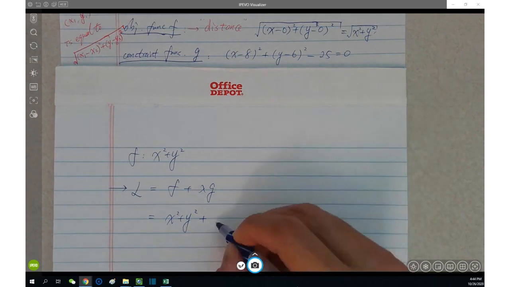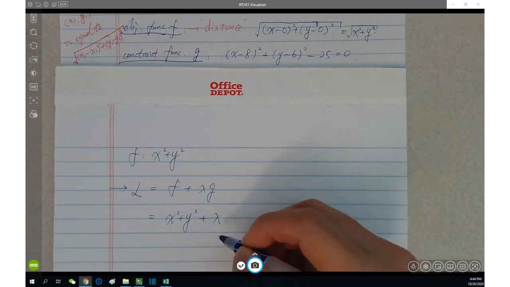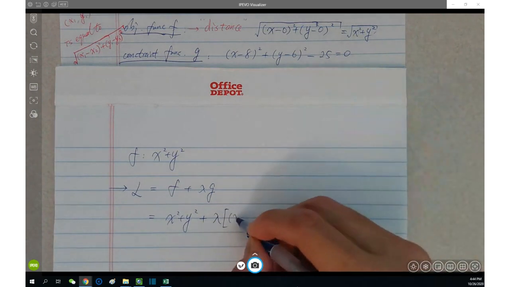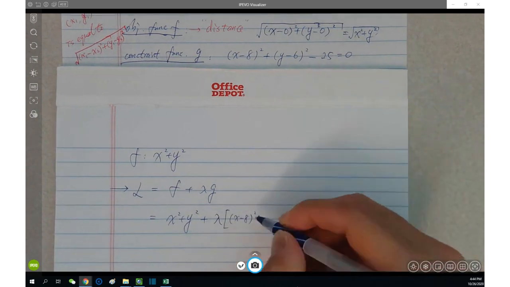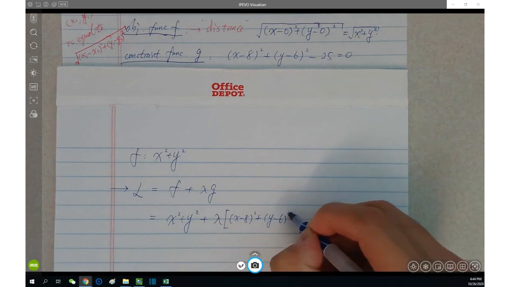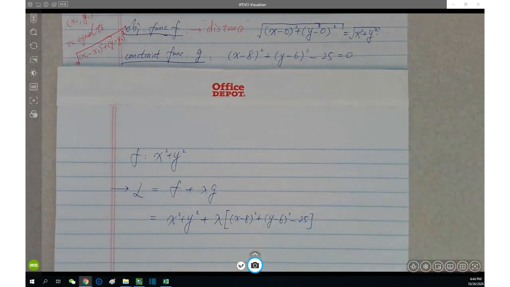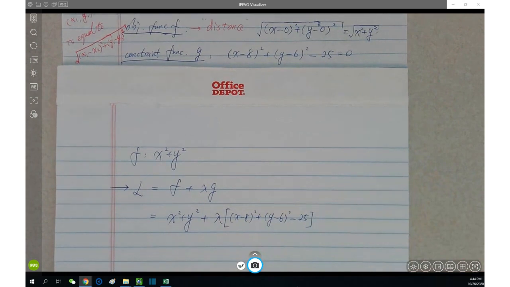And plus lambda times g. G is here, this is easy: x minus 8 squared plus y minus 6 squared minus 25. Right. This is the developed L function.